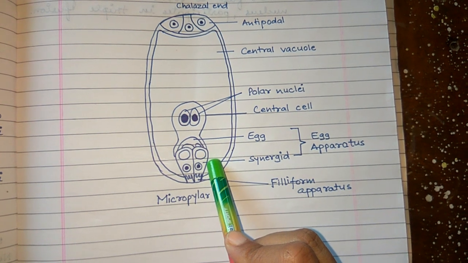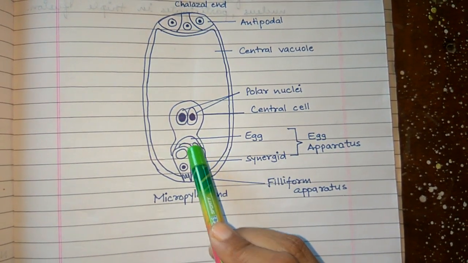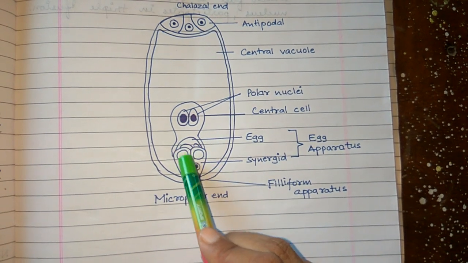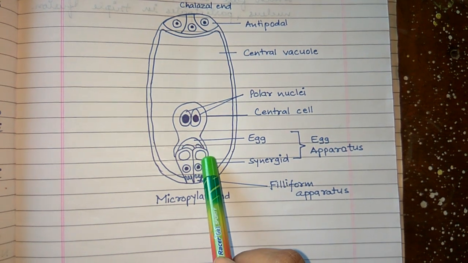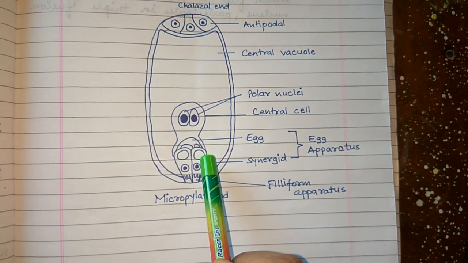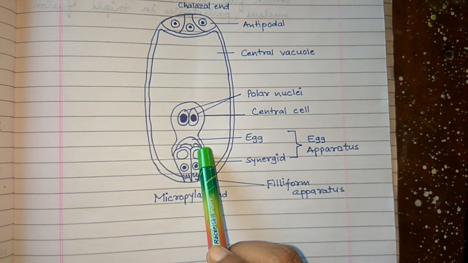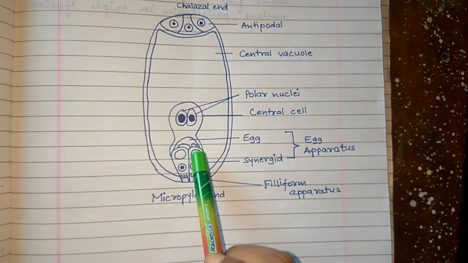Now, the egg. This egg shows a common wall with the two synergids and a central cell. This egg cell lies above the synergid, which is covered with the pectocellulosic wall.